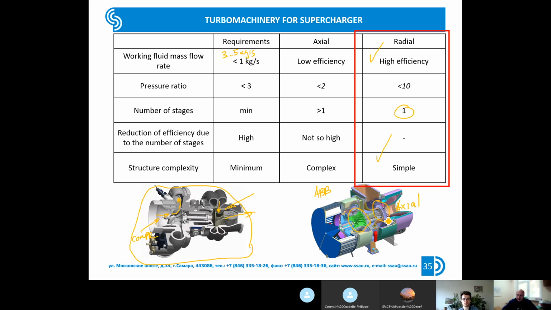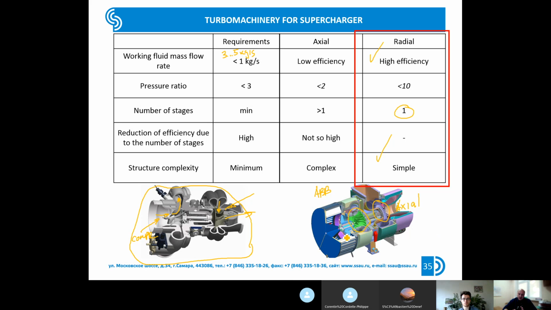That's why if you see a turbocharging system with an axial turbine, it means this turbocharging system is used in a powerful machine. I think it will be a train or ship diesel engine.